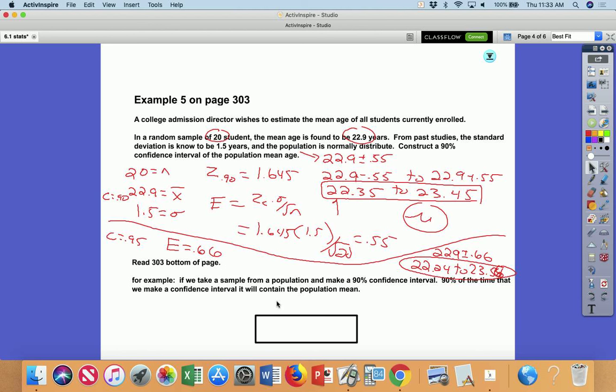So if we take a sample, which might be one value or a little bit different depending on the sample that you take, and make a 90% confidence interval, 90% of the time that we make that confidence interval, it will contain the population mean. Okay, write this down. Put mu right there. And go x bar minus e to x bar plus e.